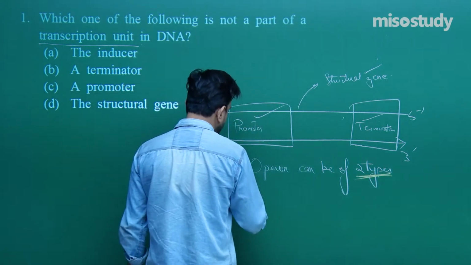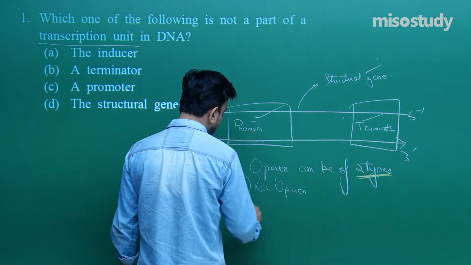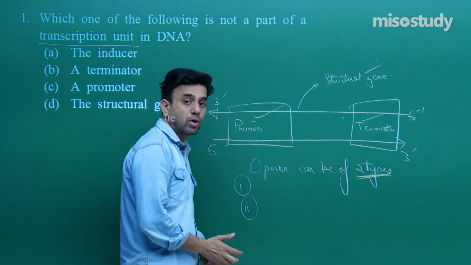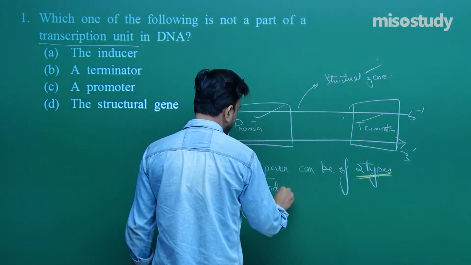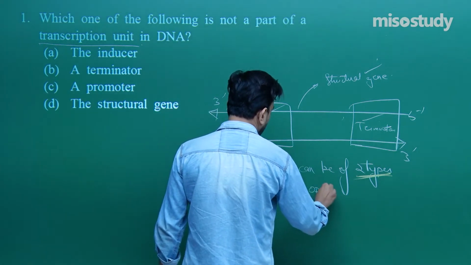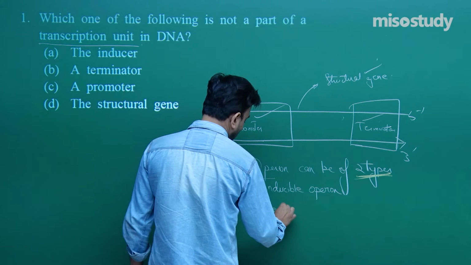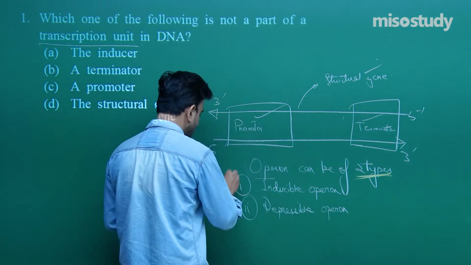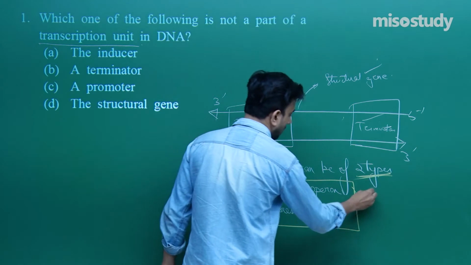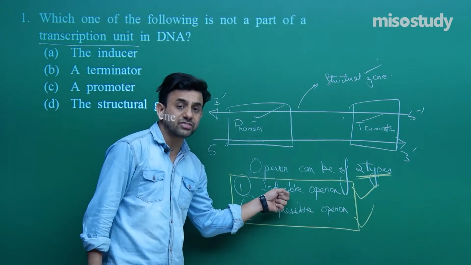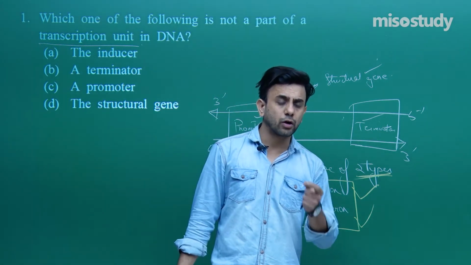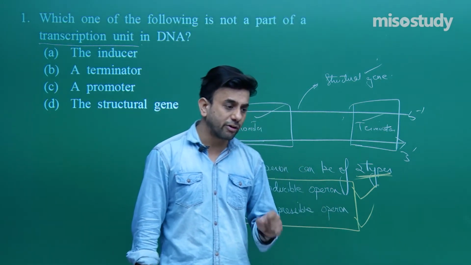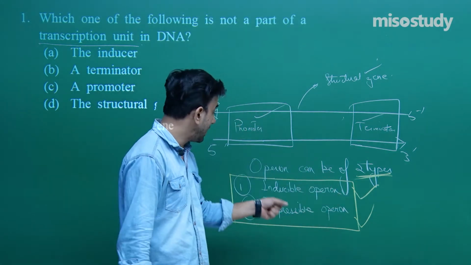One is the inducible operon and the other one is the repressible operon. Inducible operon, as the word says, will be inactive, and if you give some stimulus to it, it will be induced.